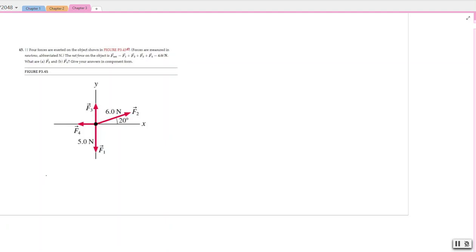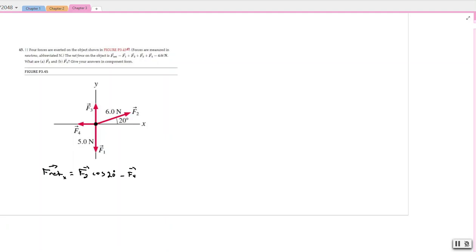I can say that the net force in x is F2 cosine of 20 degrees, so F2 sub x, minus F4, right?